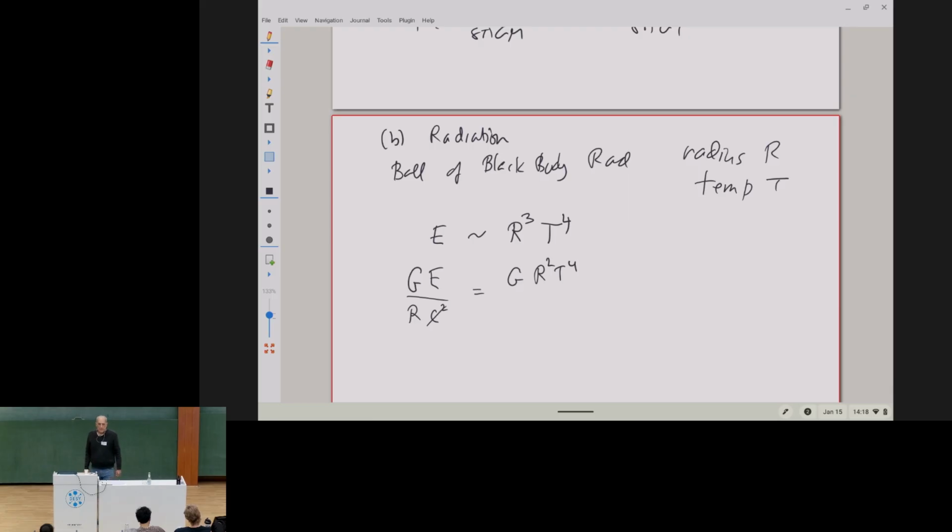So we find that a ball of black body radiation will collapse to a black hole unless this number is less than 1, which means unless r is less than roughly 1 over the square root of G times T².